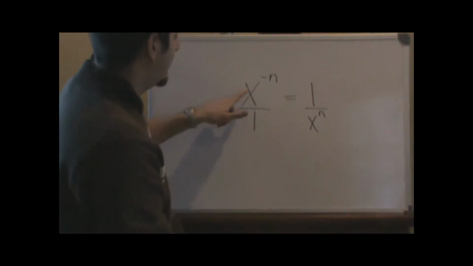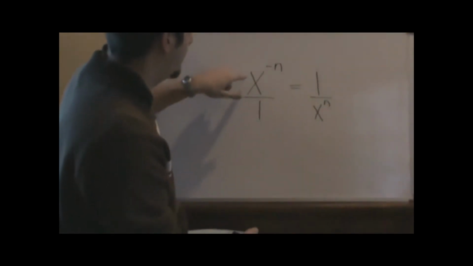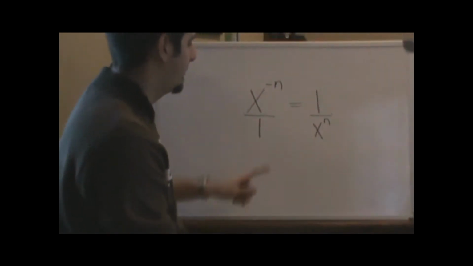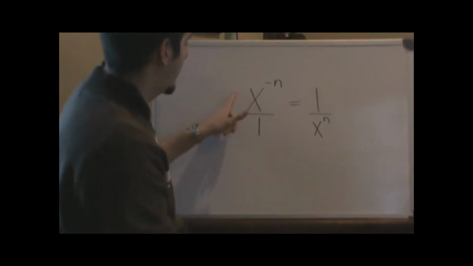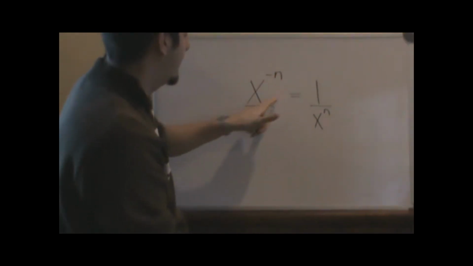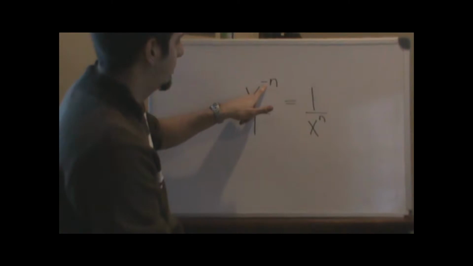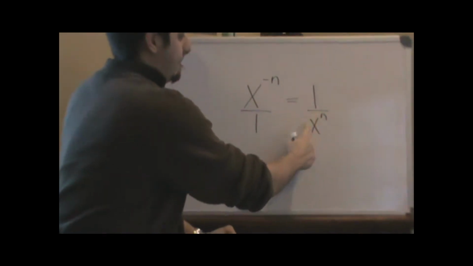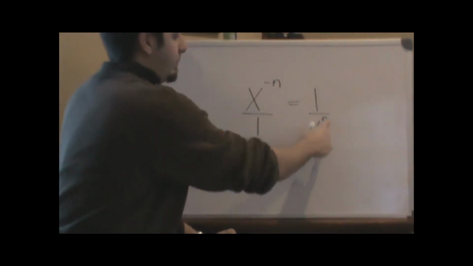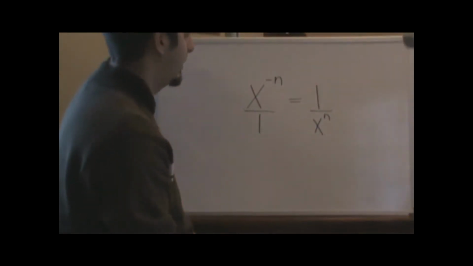So, if I want to change this negative exponent into a positive power, I just have to move my x to the bottom of the fraction and move the 1 on top. When I move this term, this x to the negative n, on bottom, the exponent turns positive. Or if I'm going the other way, if I'm turning a positive exponent on the bottom up to the top, then the exponent will become negative.